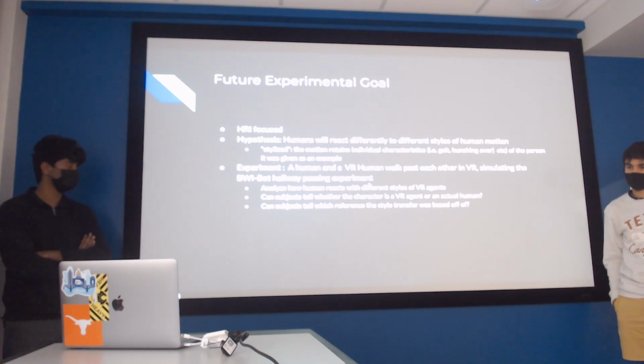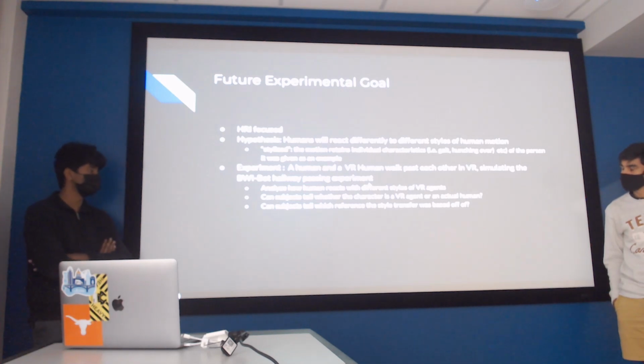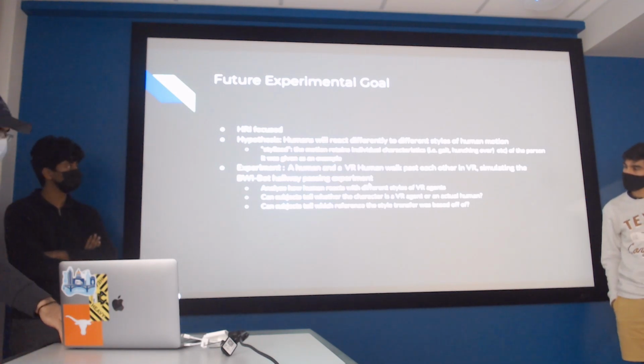So that's an experiment to set up to see if, one, people can tell between different human stylized agents based on humans, and if you have an agent and a human, is it difficult to tell which is which? So just go next slide.